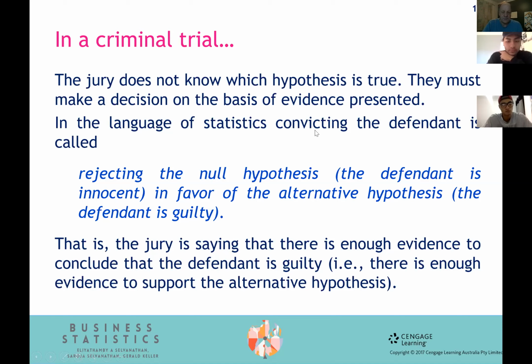In the language of statistics, convicting the defendant is called rejecting the null hypothesis. In other words, if somebody is guilty, we say we reject the null hypothesis that the defendant is innocent in favor of the alternative hypothesis that the defendant is guilty. That is, the jury is saying there is enough evidence to conclude that the defendant is guilty.